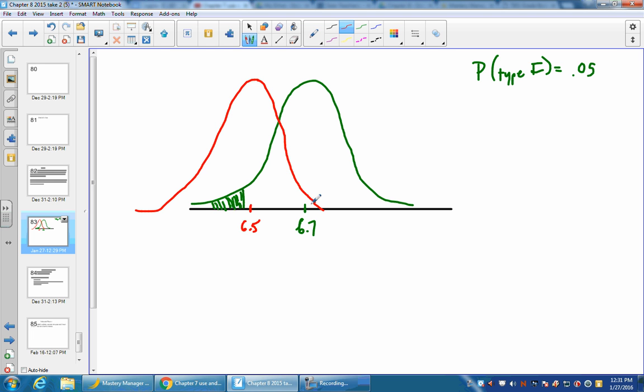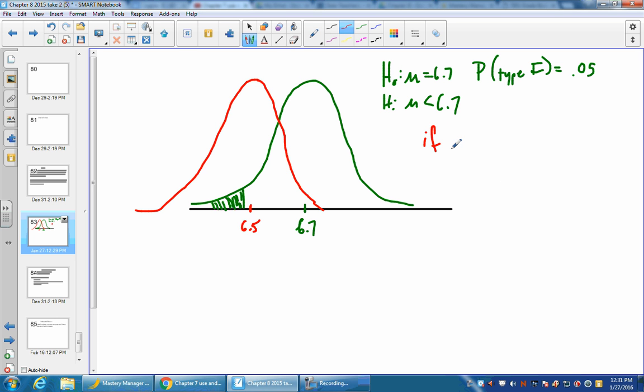This is a little tricky, so make sure you're paying attention to the wording here. For our null hypothesis, the mean is 6.7, with an alternative that the mean is less than 6.7. But it's possible that the mean is really 6.5.